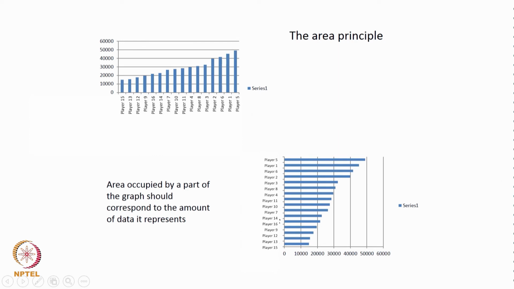The more important thing is that it is possible to quickly understand the difference in a horizontal bar chart than in a vertical bar chart. For example, if we see these two names, you can see the slight difference, but one has to come closer to the bar to quickly see which one is taller. Whereas if the same two things are represented here as these two bars, then we realize quickly that this bar is longer.